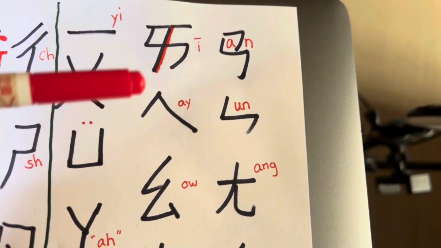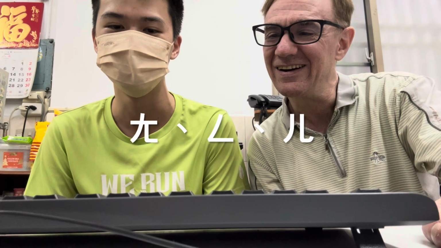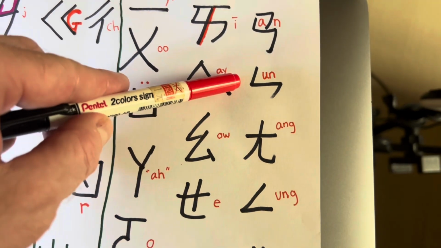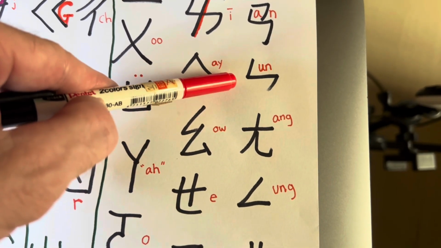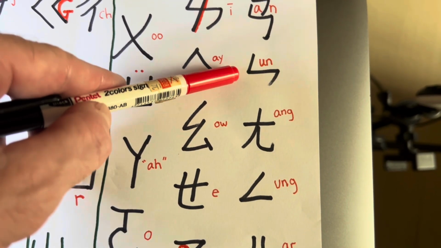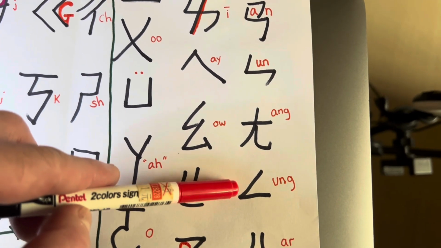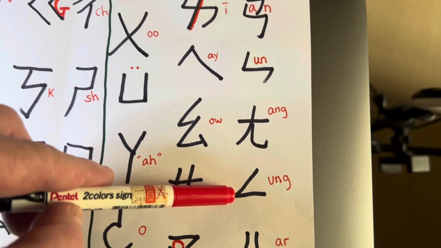Maybe that's how you can recall that. An, un. My tongue is hitting slightly behind my teeth. The back of my tongue is rounded and closer to my throat.